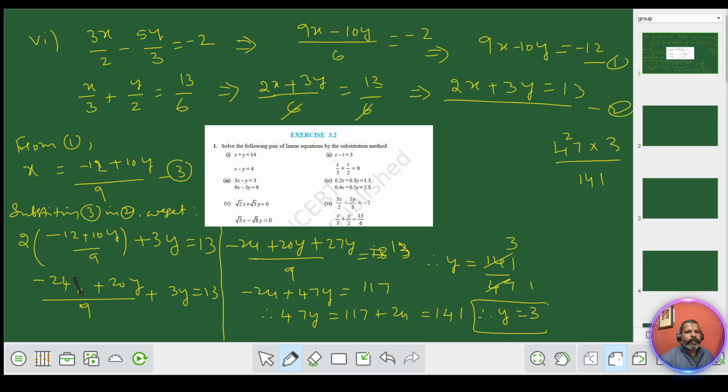Okay. Then we have to find the x value. Substitute this in 3, right? Substituting this in 3, we get, what do we get?